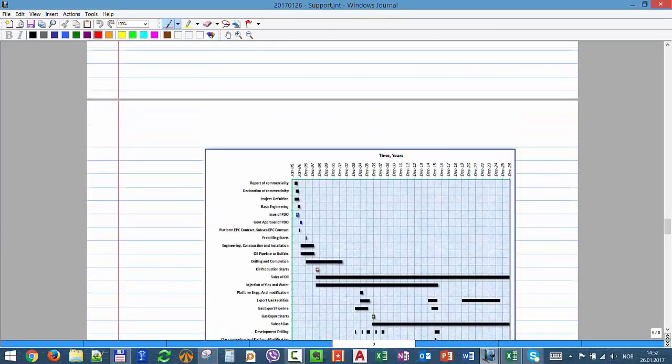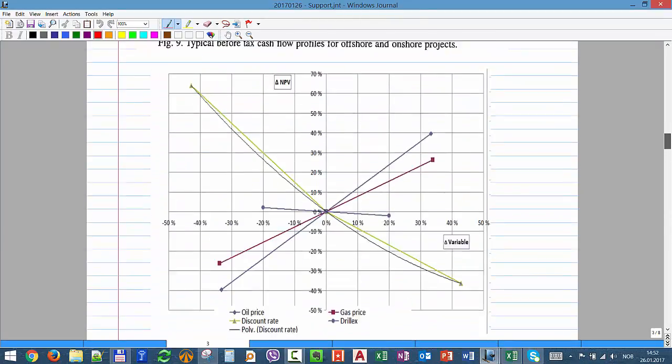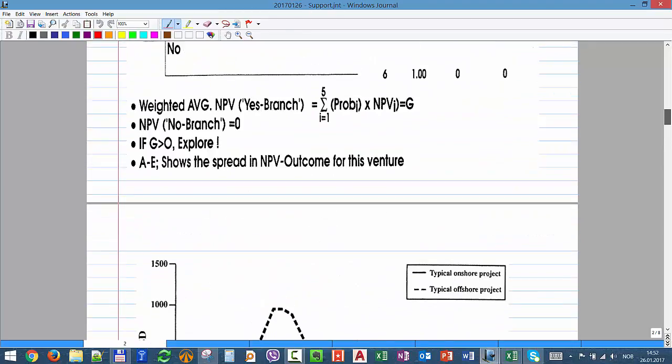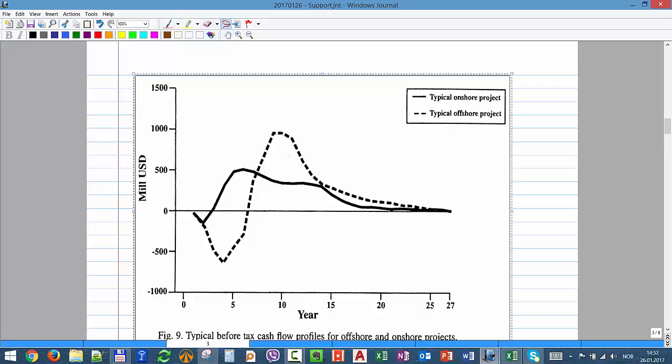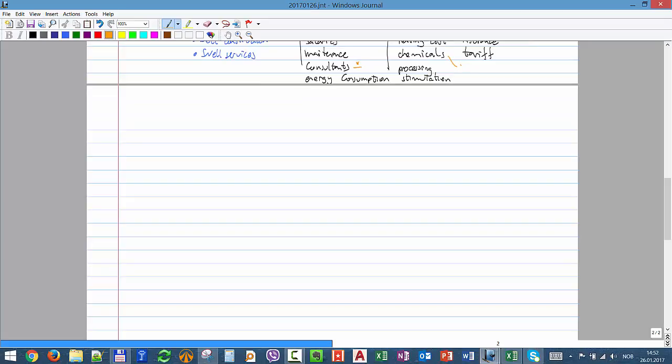So let's show you more or less how it looks. Cash flow with time.